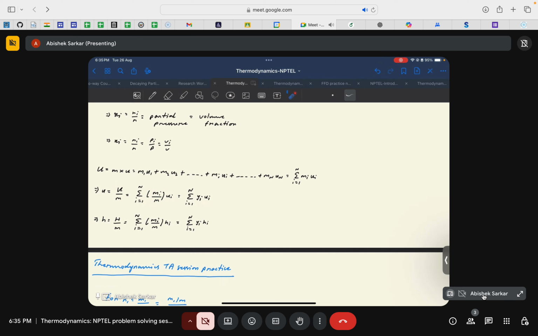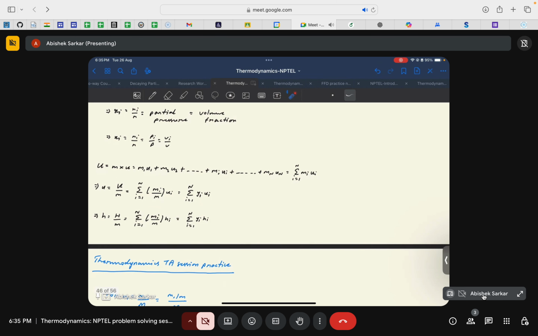Similarly, for enthalpy as well, let's follow the same steps. You can write h, the specific enthalpy, as capital H by M, where capital H is your total enthalpy. Then you can write the summation of Mi by M times hi, and Mi by M is your mass fraction.